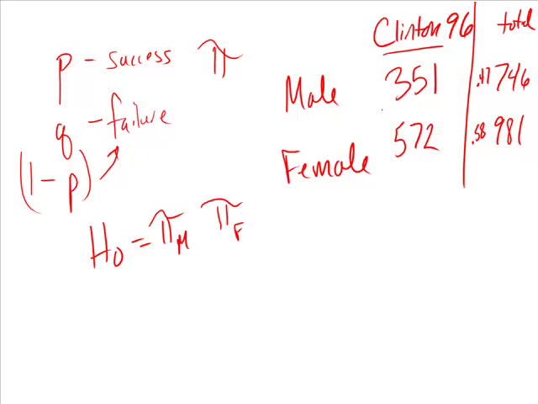That men and women are not different, so they're equally likely to have voted for Bill Clinton, right? Our alternative hypothesis is that there's a gap between men and women, and that we're going to see a different result.